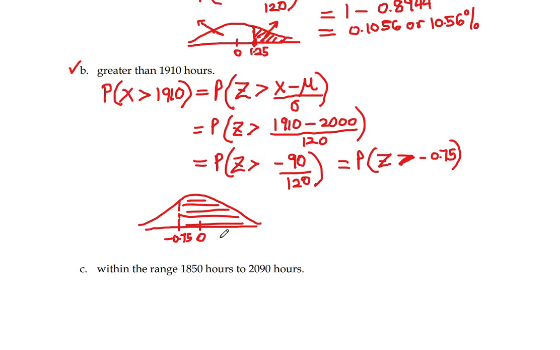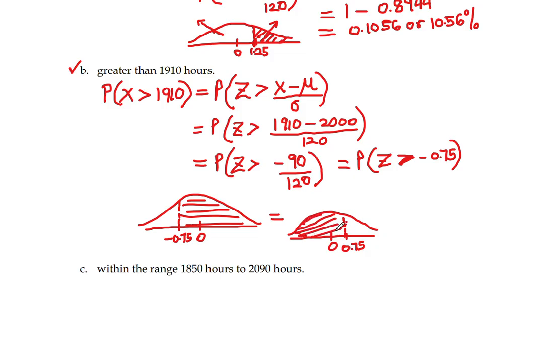But because this is a symmetric curve, the area to the right of negative 0.75 is the same as the area to the left of positive 0.75. So that's a very important thing that we need to understand about the symmetric properties of the normal distribution curve, that the area to the right of a negative value is the same as the area to the left of the positive of that value.